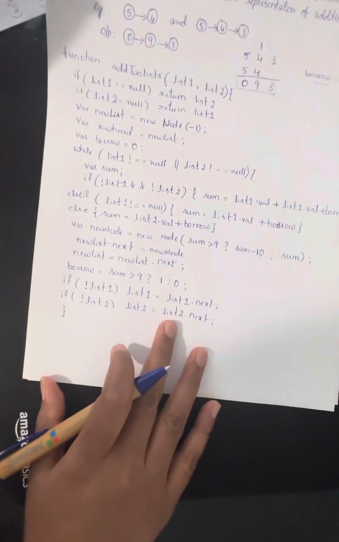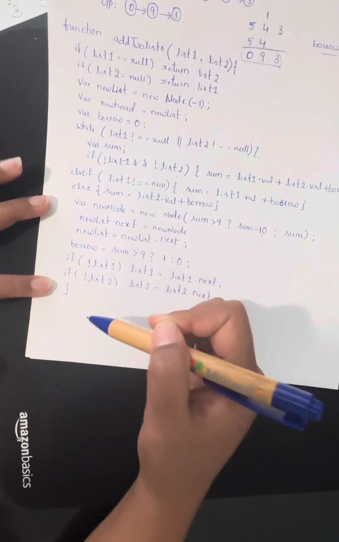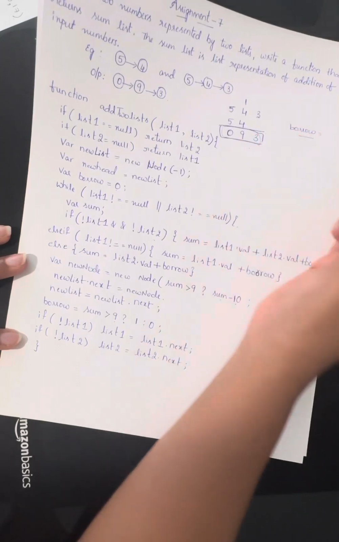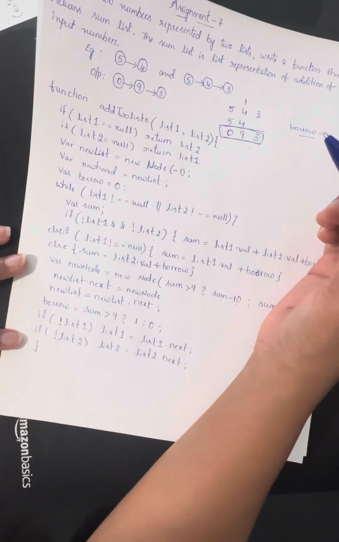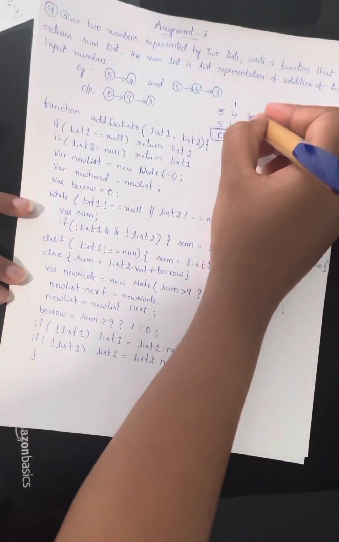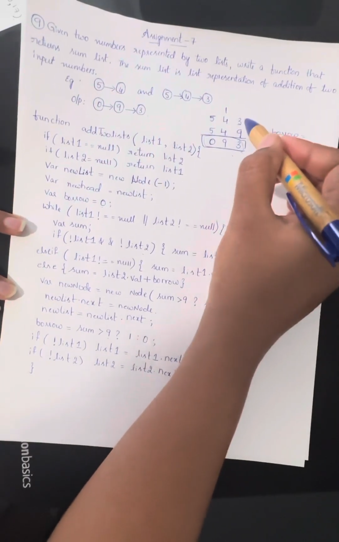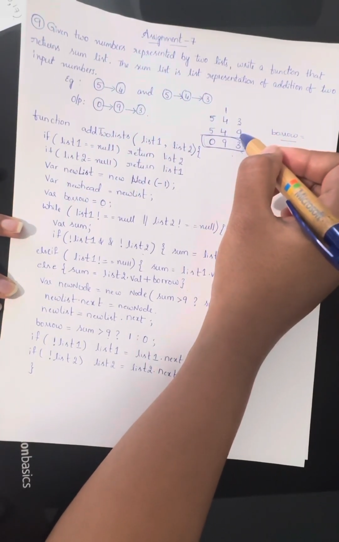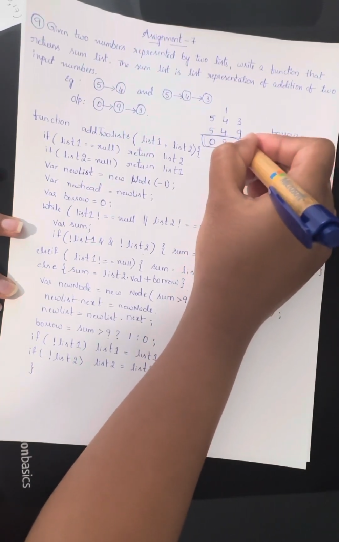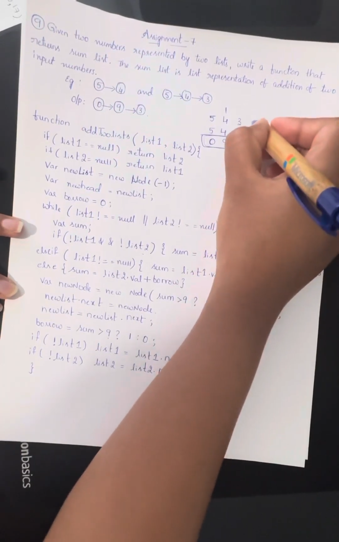So the while loop ends here, and after this while loop we'll get the sum of all the numbers, but we need to check one more thing. Let's say we have 9 here. The sum of these two is 12, right? Then we'll have 2 here, and 1 becomes the borrow.